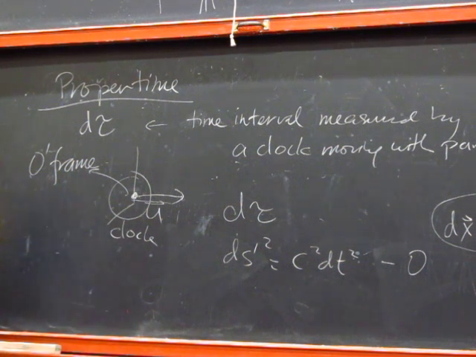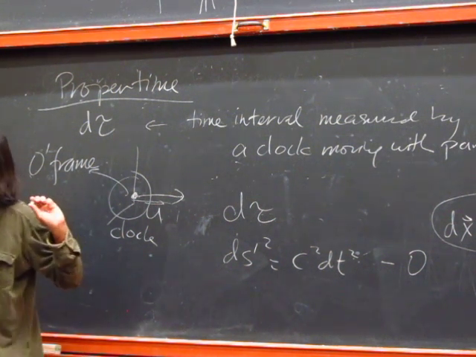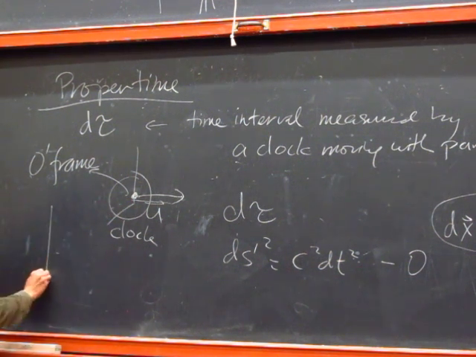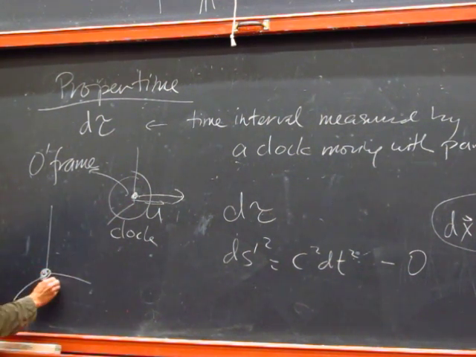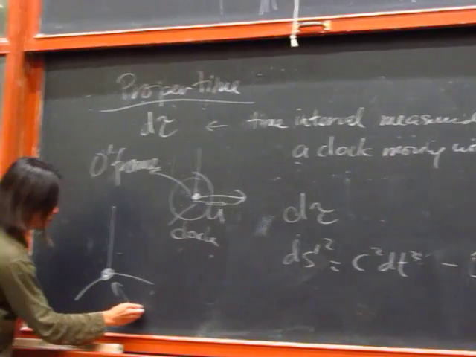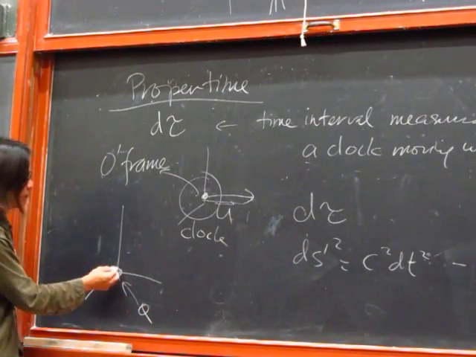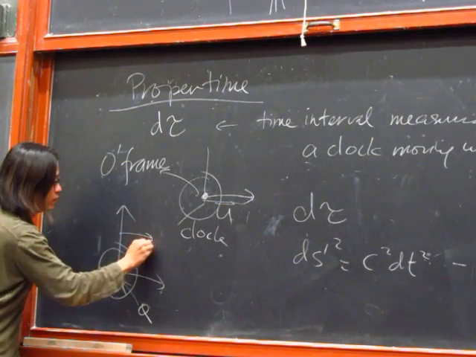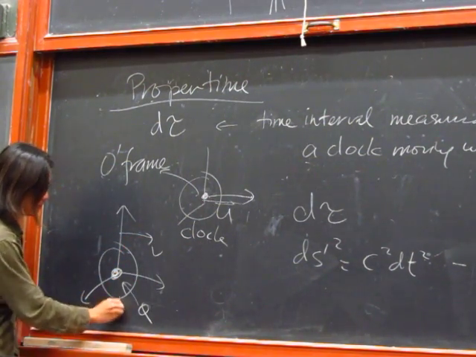So does dx prime measure the change in distance in the prime frame, right? So suppose I put the particle in the clock. So whatever particle I'm studying here, say call it Q, I put the clock there, which is in the prime frame, moving at some velocity v, O prime.